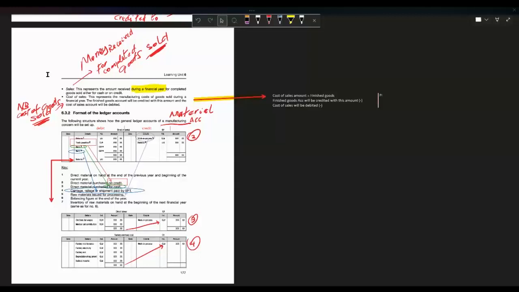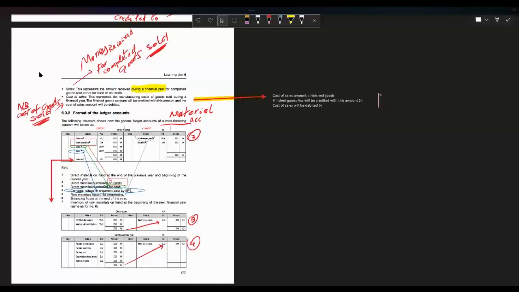Okay, so as usual, remember, for all these accounts, you would need to look if there is an opening balance, meaning things that were left out from the previous production period. That's what will be your opening balance.